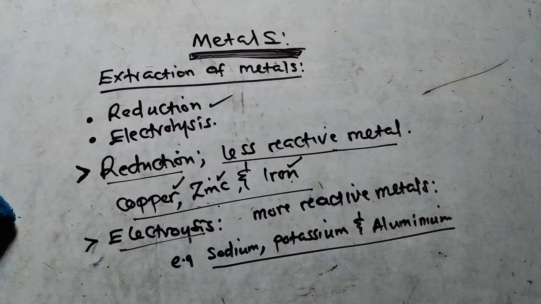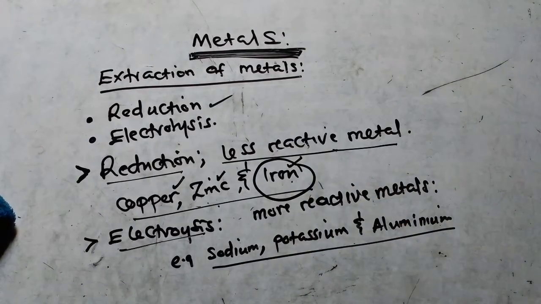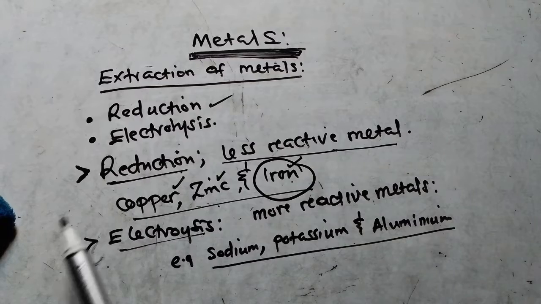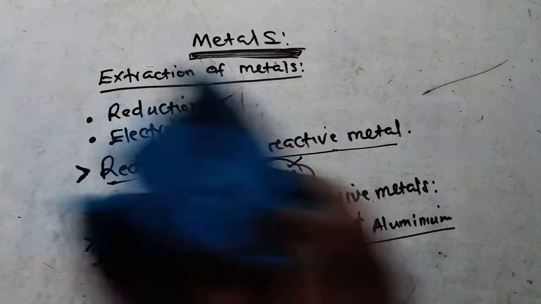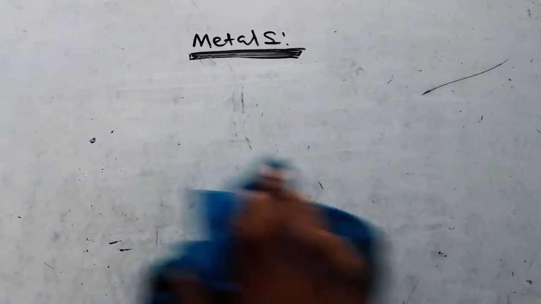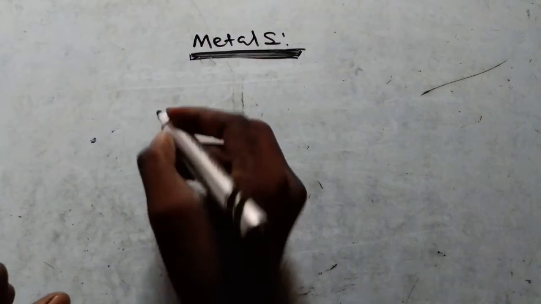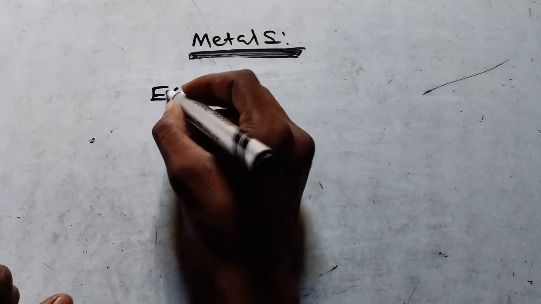So after this, let's look at the extraction of iron. And we know the process that we use to extract iron, which is reduction. So let's go and look at the extraction of iron.